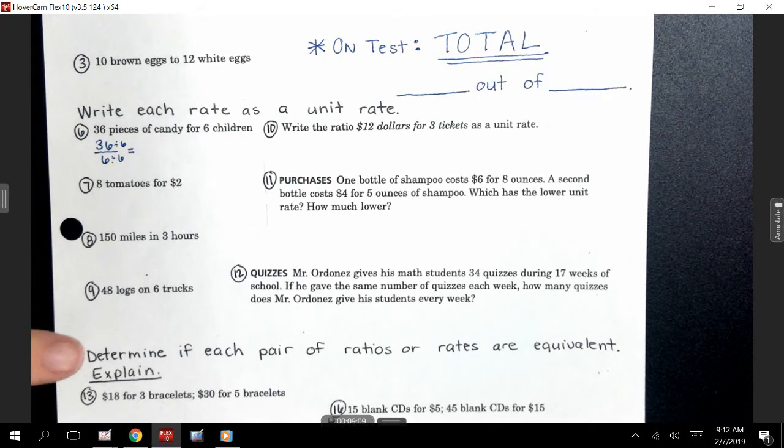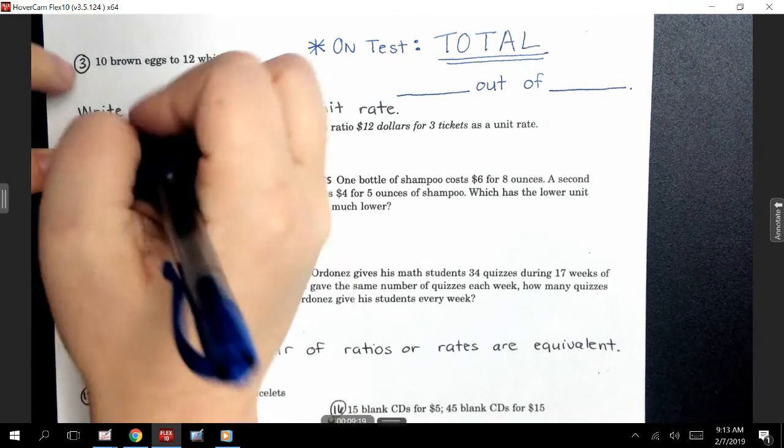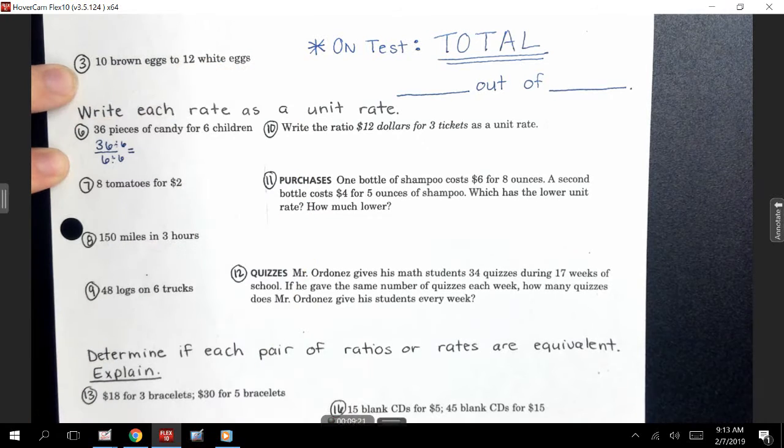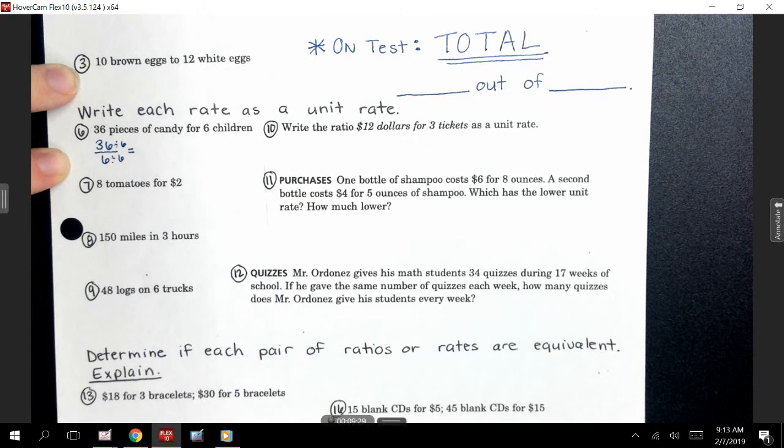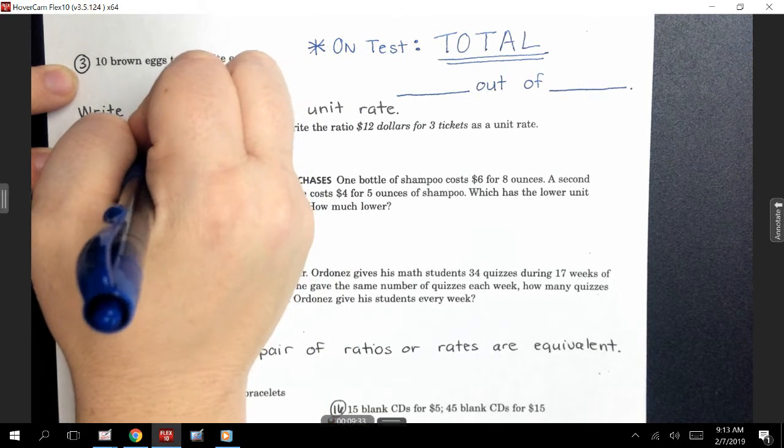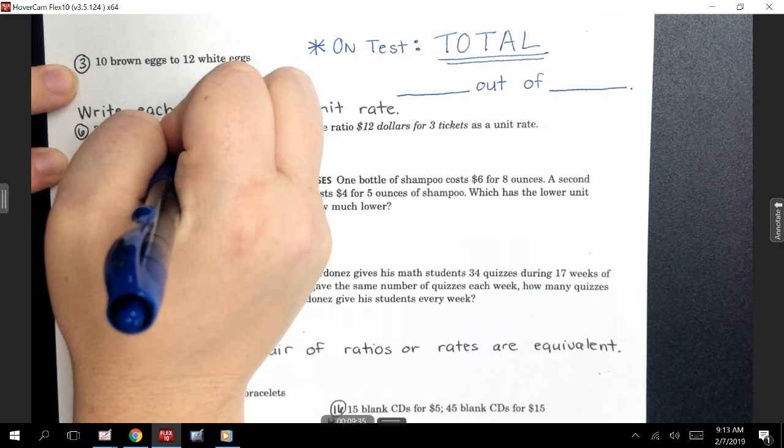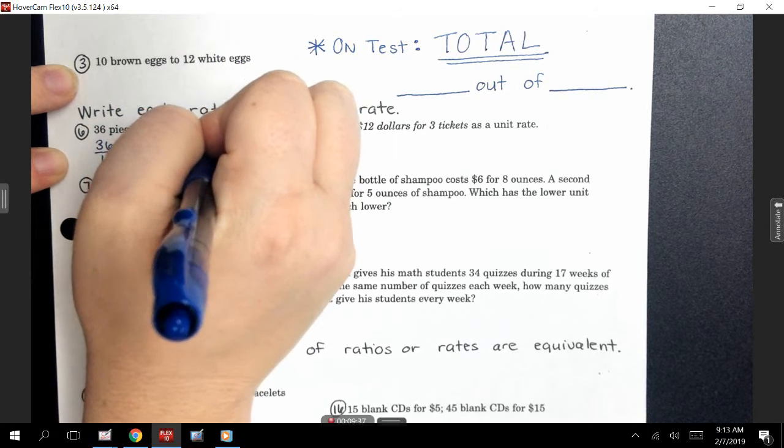Guys, this time I'm not dividing it because it goes into them like I do up here. Here, my goal is to get the 1. Do I want a 1 on the top? No. Do I want a 1 now that I'm at number 6? Yes. So that gives me what is going to be my unit rate. Let's see if you can give it to me correctly. The unit rate. Dalton? Close. Matea? 6 pieces of candy per child.